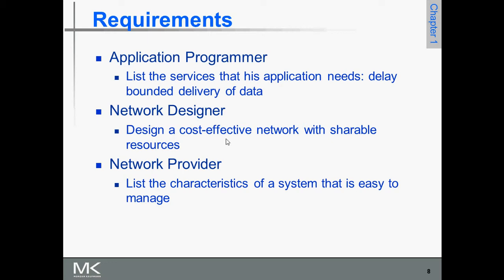These are the three persons, and their perspectives are different. The application programmer always lists the services that his application needs. The best example is delay bounded delivery of data. So what is delay bounded delivery of data? The application programmer always requires that his or her data should reach the destination within a specified time.